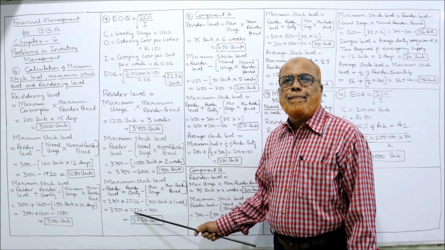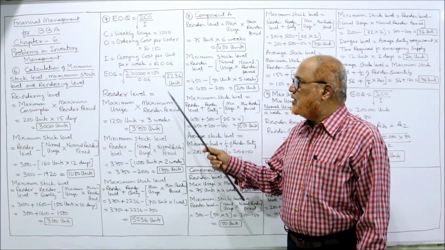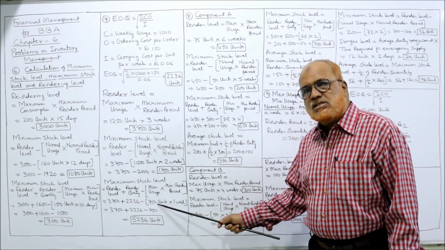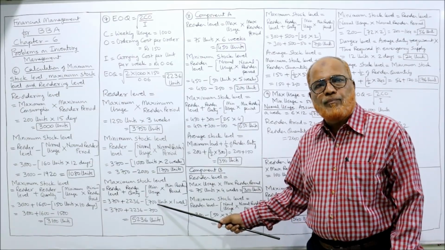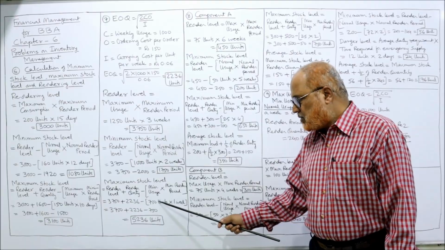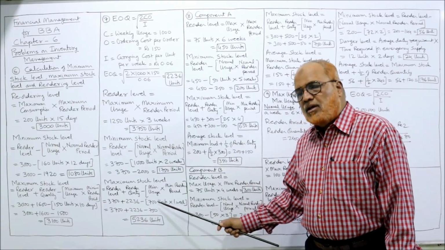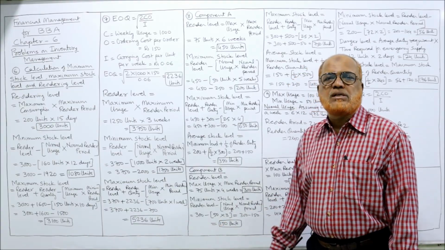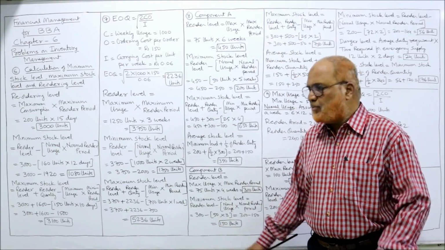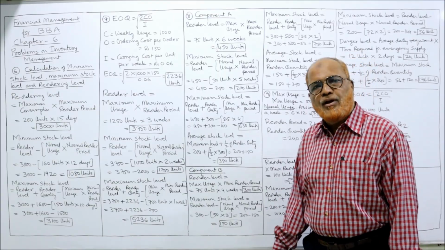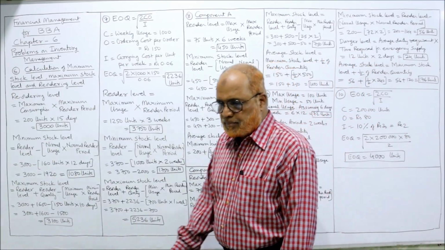Reorder quantity, this is the economic ordering quantity, here 2236. Then minimum usage is 750 units given in the problem. And minimum reorder period is 1 week given in the problem. So 750 into 1, 750. 3750 plus 2236 minus 750, 5236. This is the maximum stock level. That's it. So 7th problem completed.